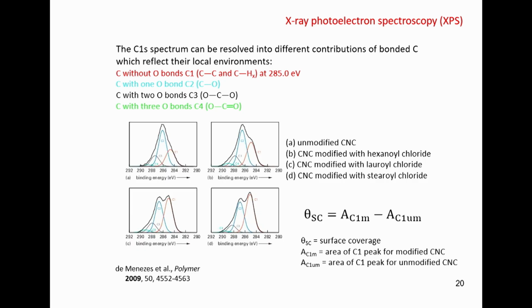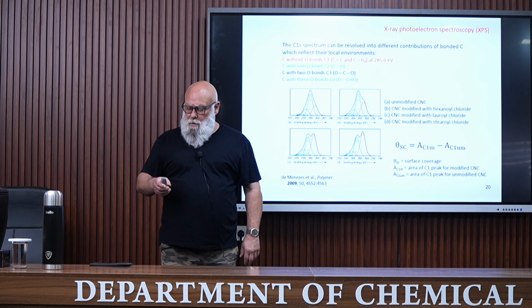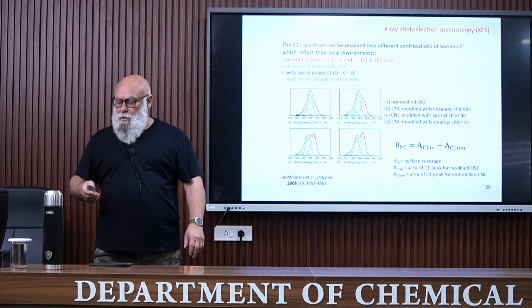And from this curve, it's possible to determine what is called the surface coverage, which is given by this equation. AC1M refers to the area of the C1 peak for modified nanocrystals, and this parameter to unmodified nanoparticles or nanocrystals.